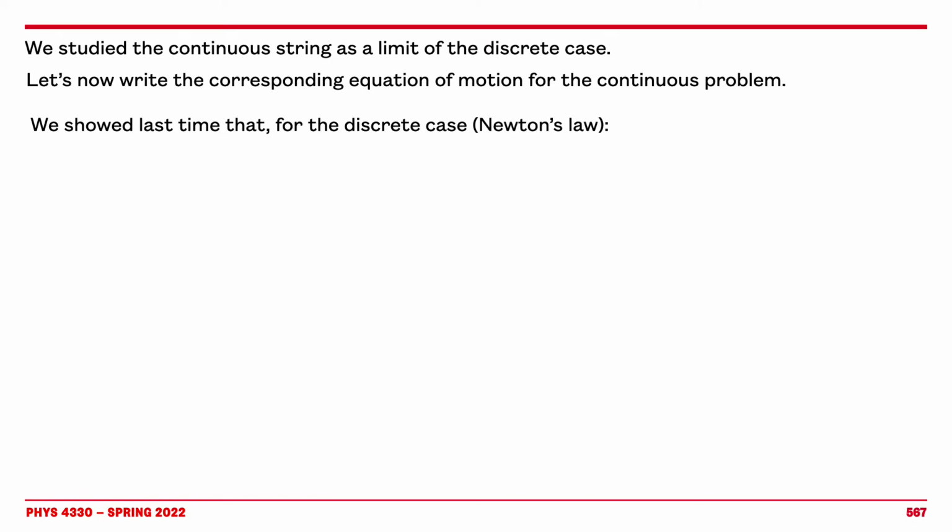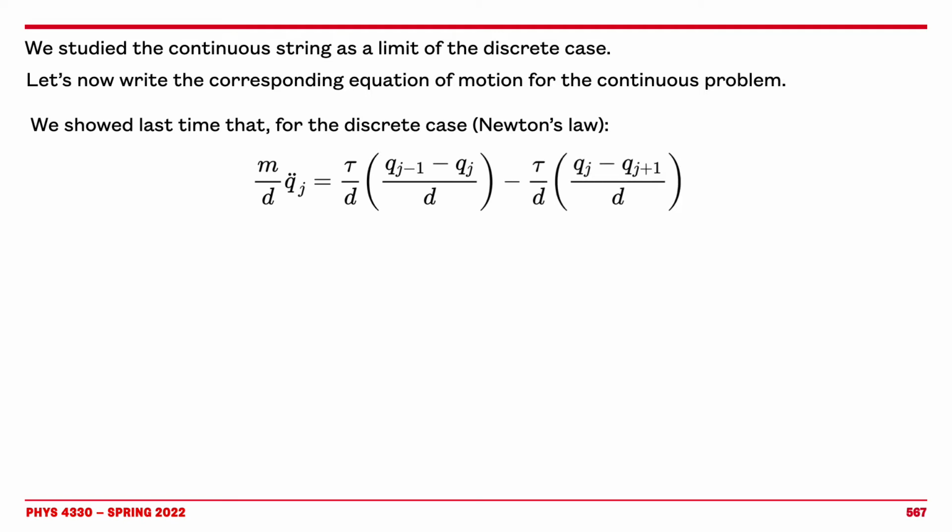So, as always, we are going to start from Newton's law. Let me remind you, this is a Newton's law that we've seen earlier. We could actually get that result as well from Lagrange mechanics, but that's the equation of motion for the discrete case, where we divide left and right by d just because it's going to make our life a little bit easier in a second.